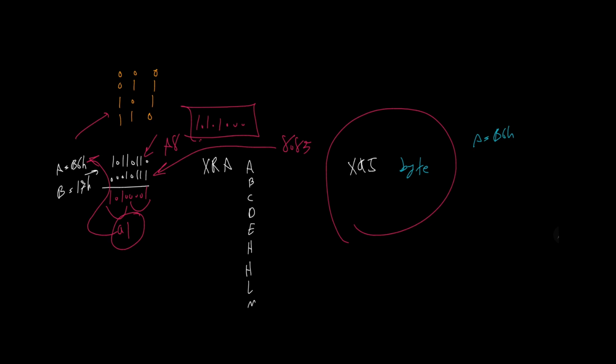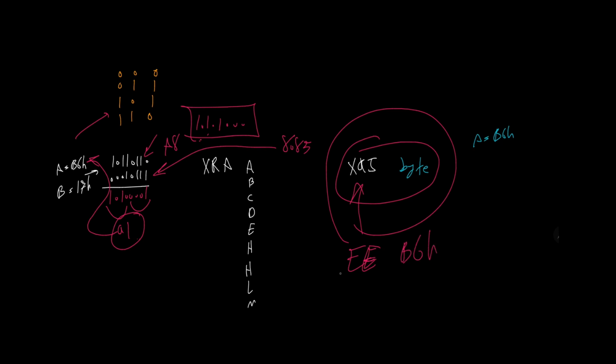Another example is this. Now let's say exactly after this instruction we have the XRI byte, and the opcode for XRI would be EE. So let's say that we had EE B6.